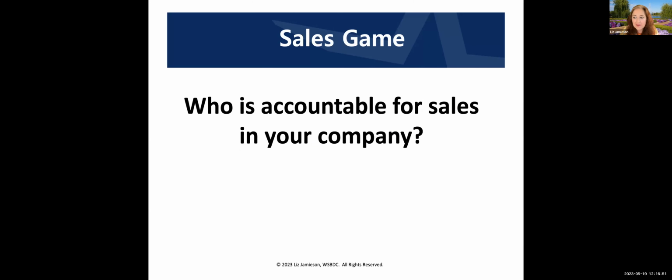So you are ultimately the one who is accountable for making sales occur. So a way to take responsibility for that accountability is to have some kind of tracking system, where you know your sales goals for each time frame, and you're actually taking action each day or certain days of the week, certain hours of the day, to cause sales to occur. You are actively taking action to make sales happen.